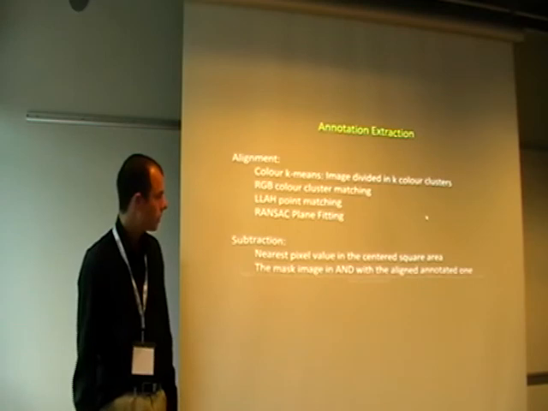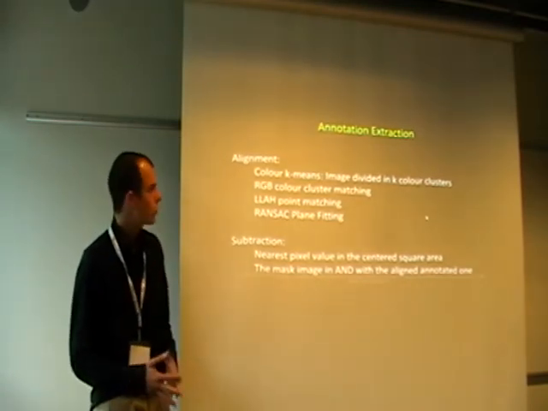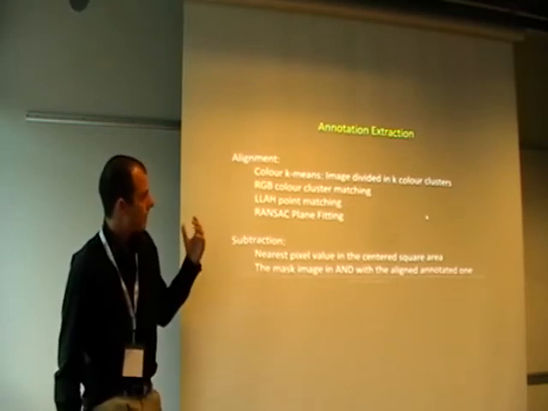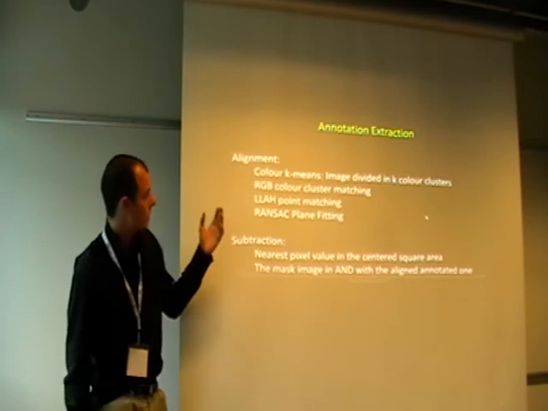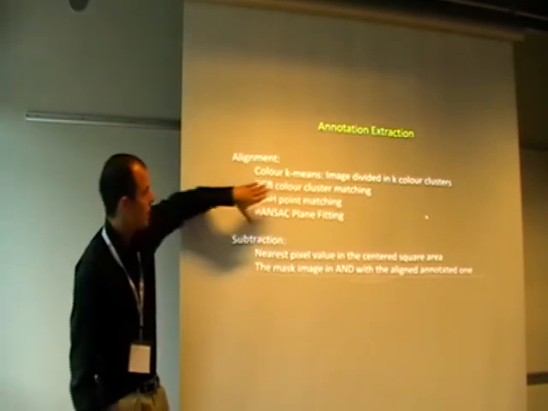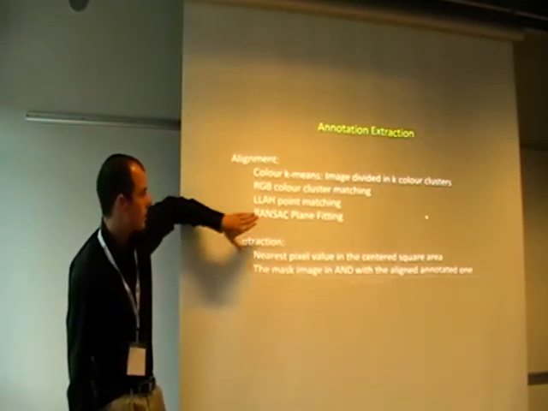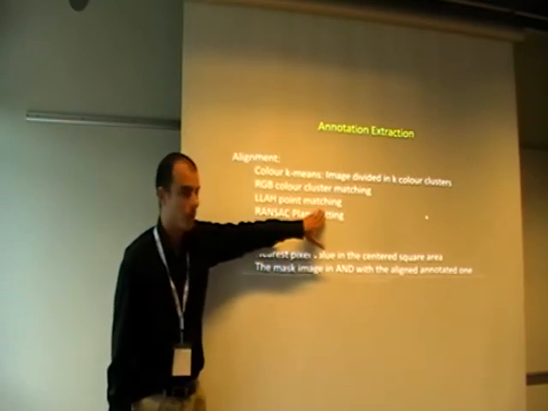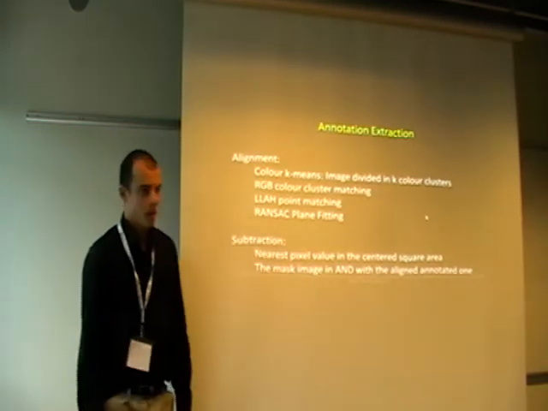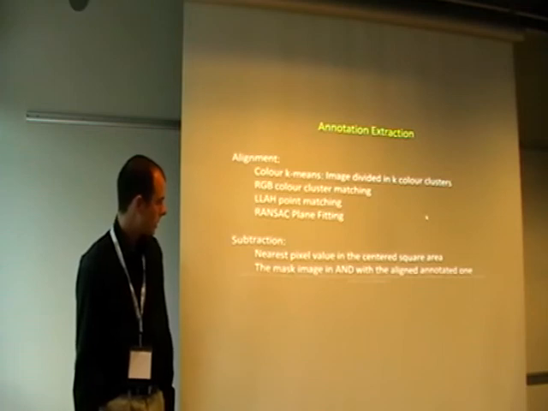The same author used this method to extract annotations. In a more general approach, their method allows extracting color annotations from color documents with a pre-processing using the color k-means algorithm, and then we have their point matching method that we've just seen, and finally the pose estimation is provided by the RANSAC algorithm on planar models.